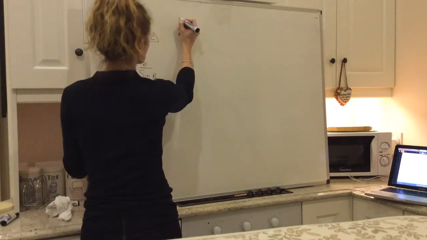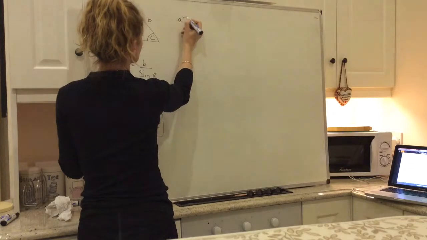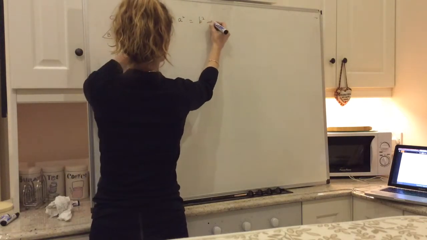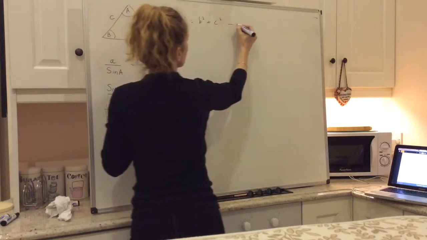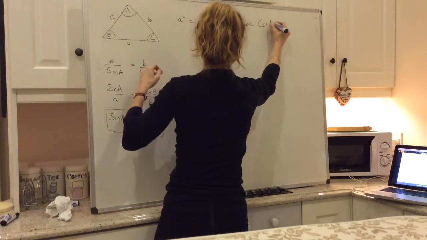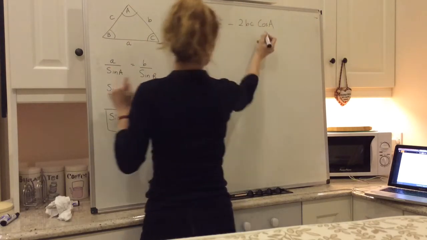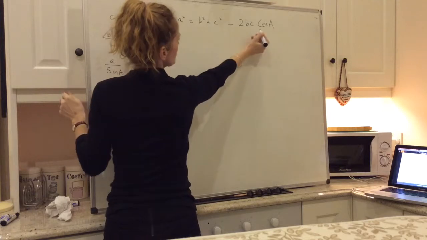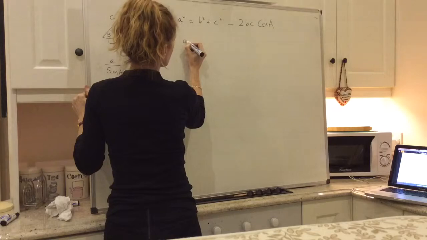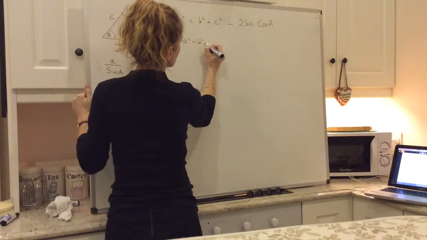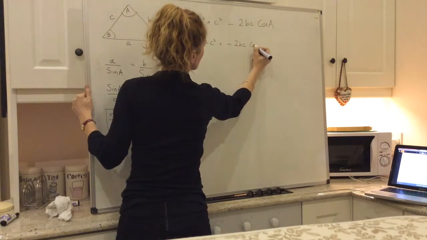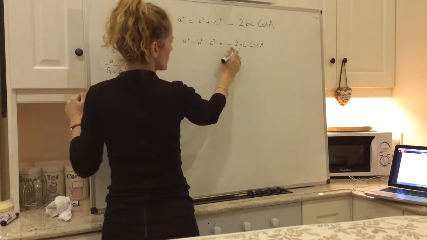And we also have the cosine rule, which states that a squared, one side squared, is equal to the other side squared plus the other side squared minus twice those two sides multiplied together times the cosine of the angle between them. So we can rearrange that also to find what cosine A is. Okay, so a squared minus b squared minus c squared is equal to minus 2bc cosine A. So let's change the sign of both sides.